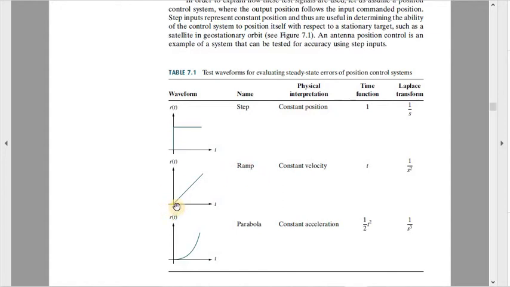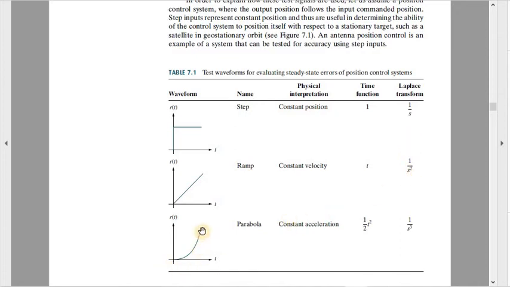We call it ramp because it has a linear relation: as t tends to infinity, r tends to infinity. It is increasing linearly with a slope of 1. We use it for constant velocity. So step is constant position, ramp is constant velocity, the time function is t, and the Laplace transform is 1 over s squared.